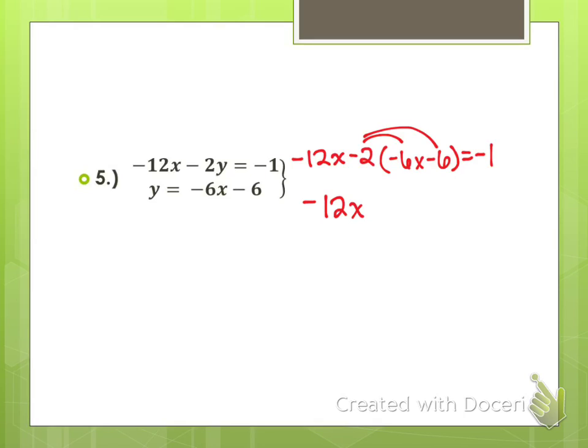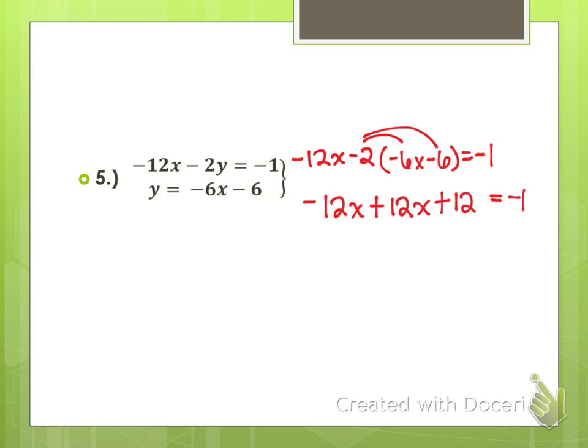No, 12x and minus 12. Oh, wait. So we've got negative times a negative is a positive 12x, and a negative 2 times a negative 6 is a positive 12 again. All right? So we distributed into the parentheses.